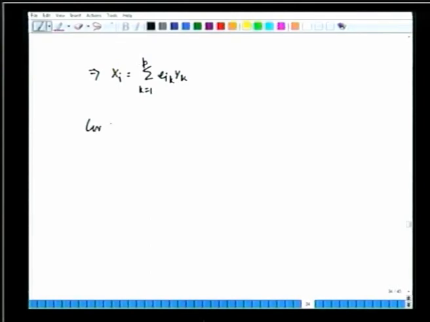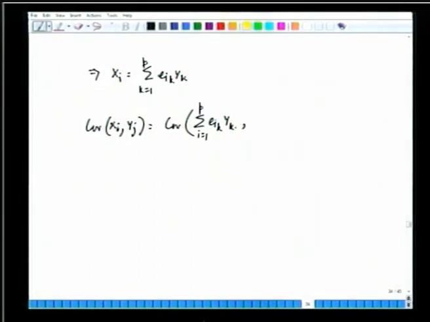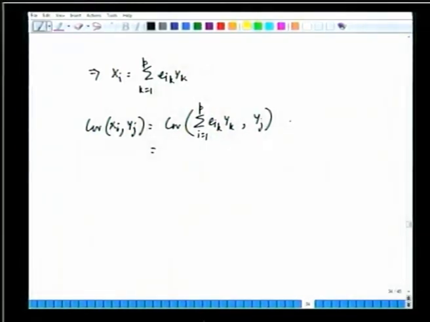So now if I have to consider the covariance between xi and yj, I will use this form of xi, the sum, and for yj, I am simply taking yj. Now I can do this because I already know the covariance between any yk and yj. So it is simple for me to handle this.